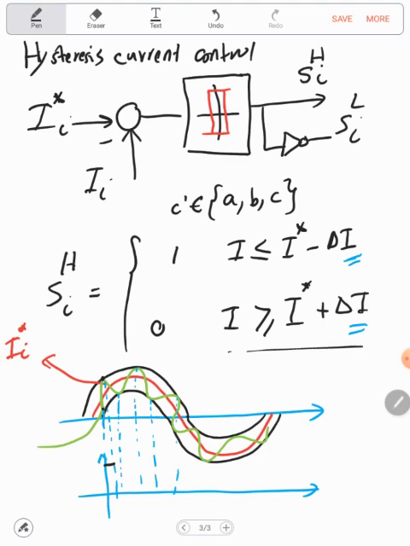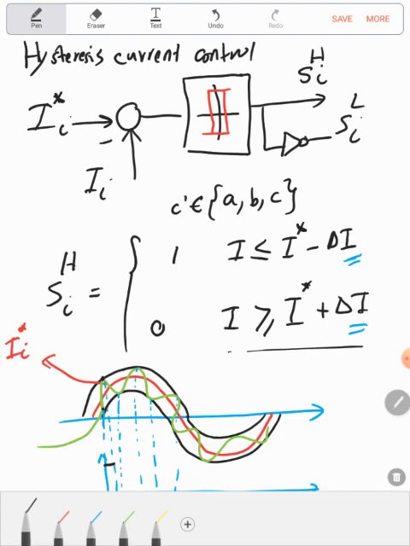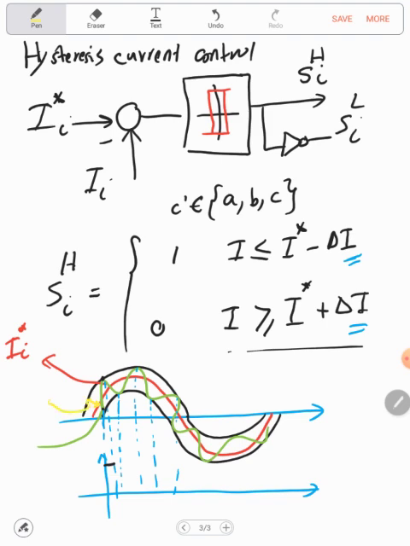Here the current is equal to I star plus delta I, so delta I is the window. From here to here is delta I, the same thing here, and this is the current ripple.